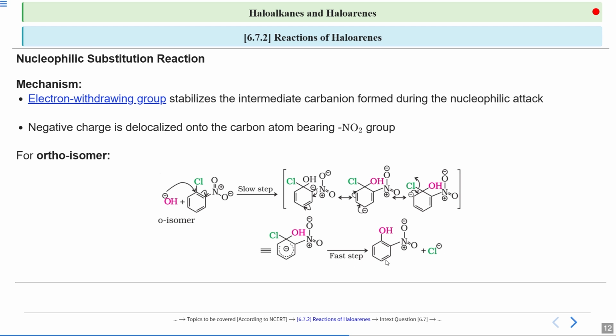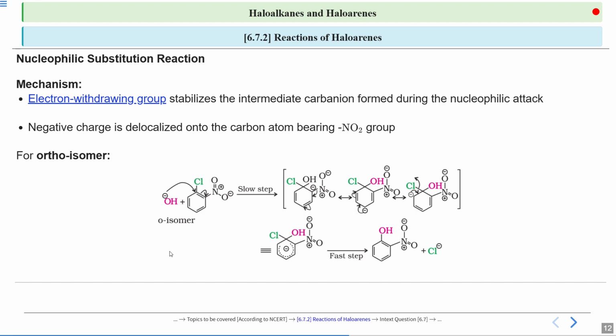This is a fast step. Okay, so without any disruption you are getting your final product after the removal of chloride ion. So this is for the ortho isomer case, where at the ortho position we have nitro group.